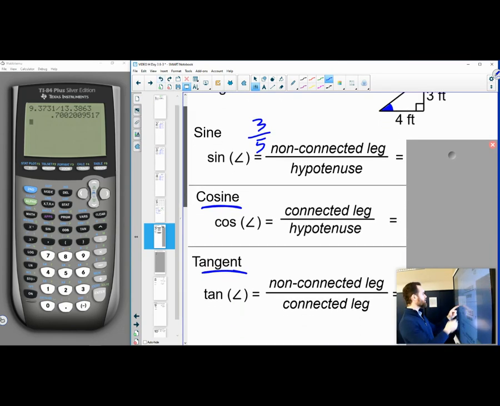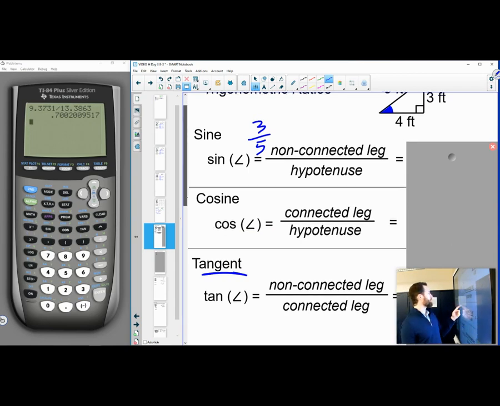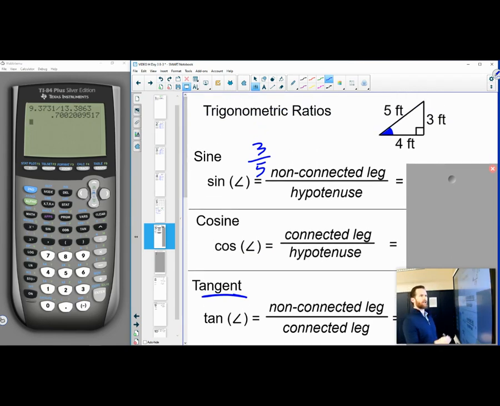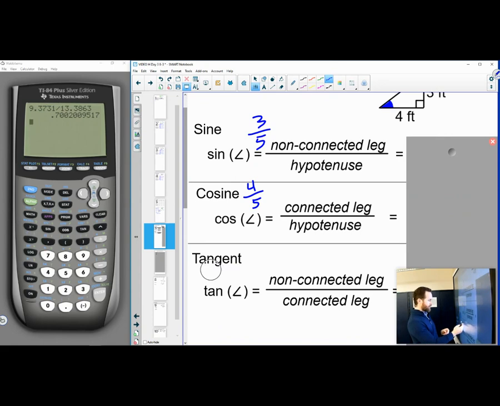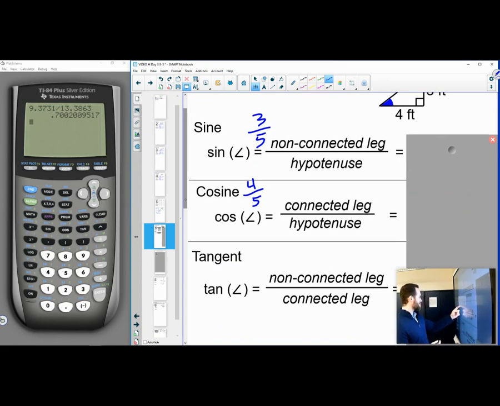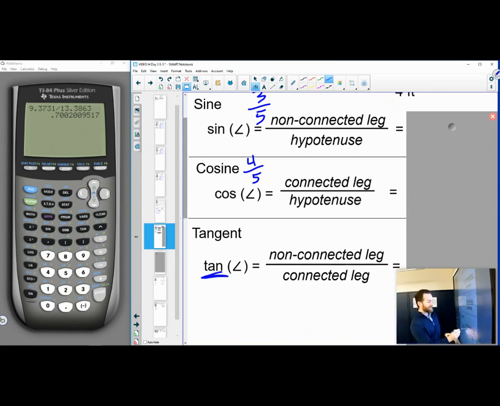And the cosine, which we abbreviate COS, so we would read this cosine of the angle, is the connected leg over the hypotenuse. So in this triangle up here, the connected leg would be 4, and the hypotenuse would be 5. And last but not least, the one that everyone always forgets about, unfortunately, tangent is sort of the odd man out. So tangent, we abbreviate TAN, but we don't say tan, we still say tangent.